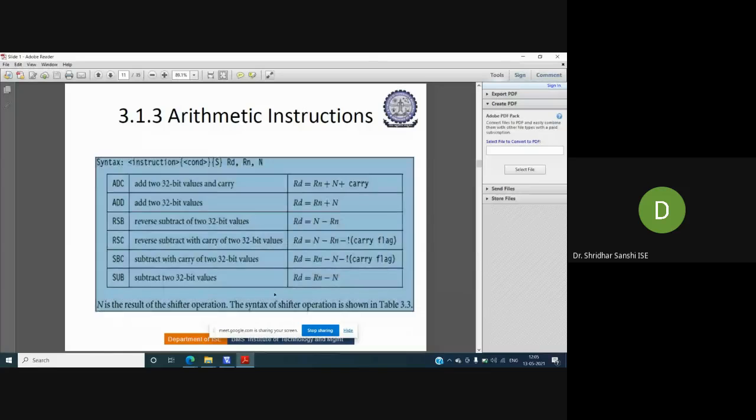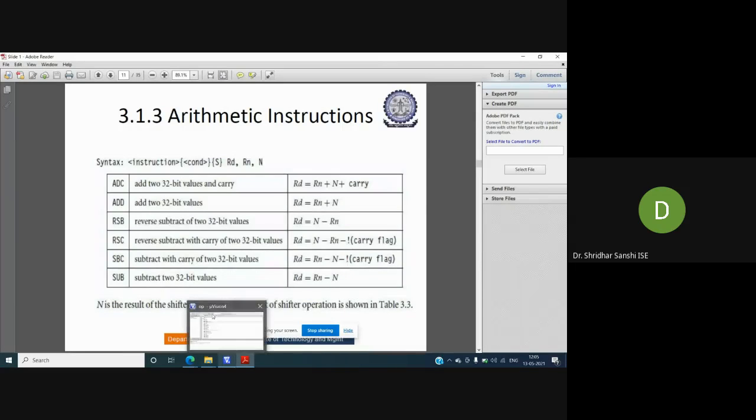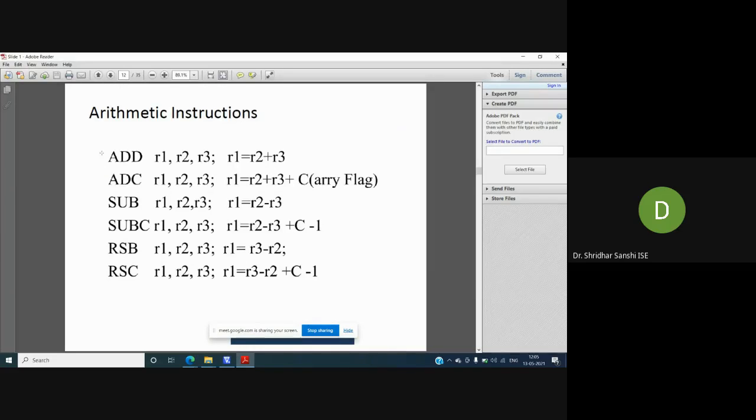We'll see this with respect to an example. Whenever we do a simple ADD, R2 plus R3, the result is stored in the R1 register. ADC is R2 plus R3 plus the carry bit, and the result is placed in R1.